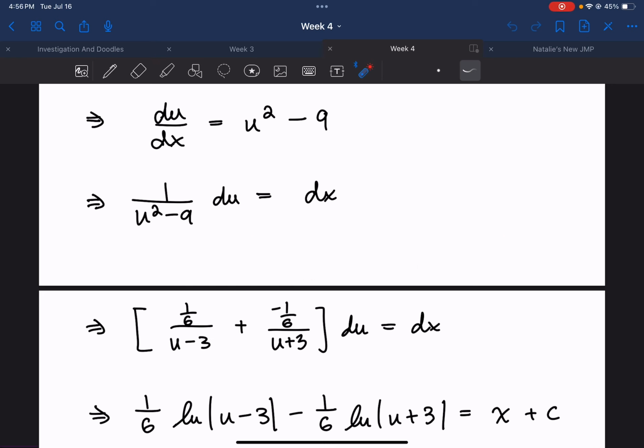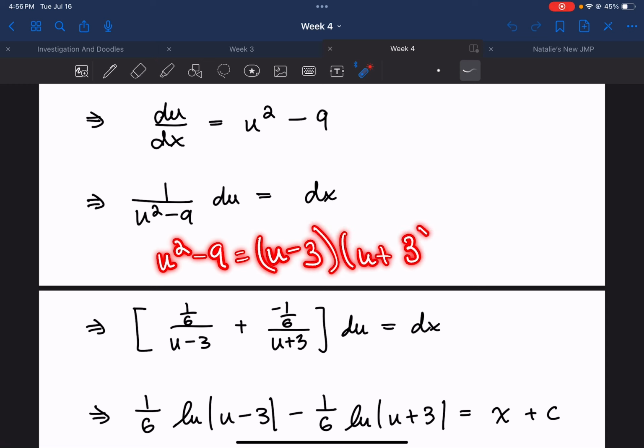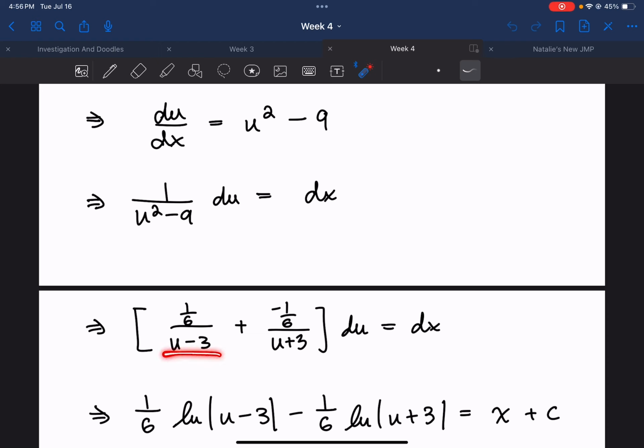Partial fractional decomposition says that the factors of this are u squared minus 9 equals u minus 3 times u plus 3. So I'm going to split it up into u minus 3 and u plus 3. And these are the a and b you get on top.